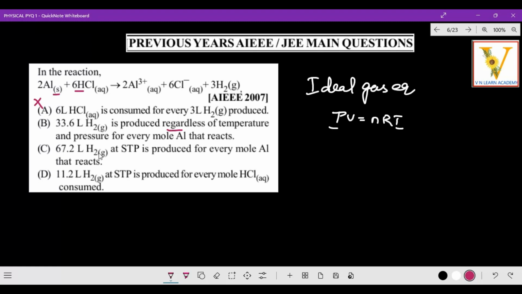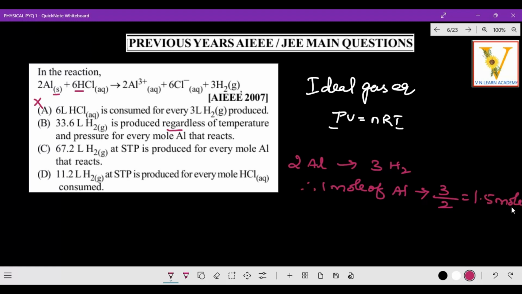Suppose 2 moles of aluminium can produce 3 moles of hydrogen gas. Therefore, 1 mole of aluminium can produce 3 by 2, that is 1.5 moles of hydrogen gas only, right?